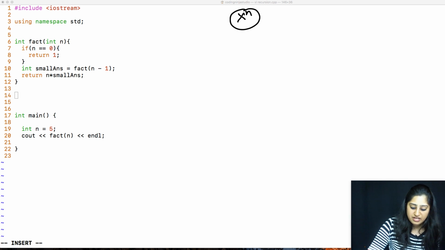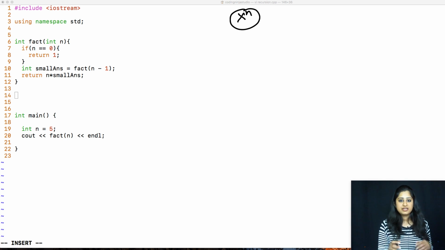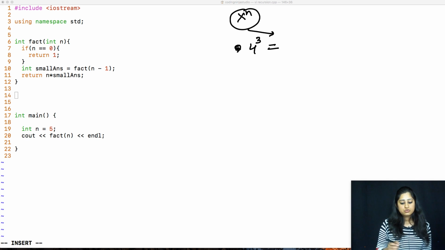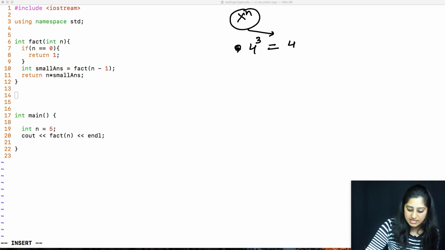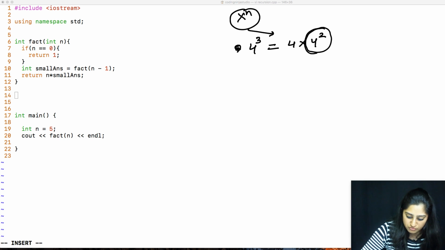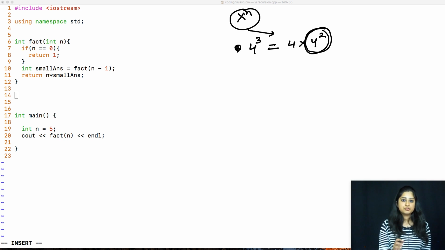So if I have to calculate x to the power n, I think we should just think and figure out how we are going to do it. Let's simplify it. I have to calculate 4 to the power 3. Can I write 4 to the power 3 like this? So 4 cross 4 to the power 2, and if I have the answer of 4 to the power 2, I should be able to calculate 4 to the power 3.